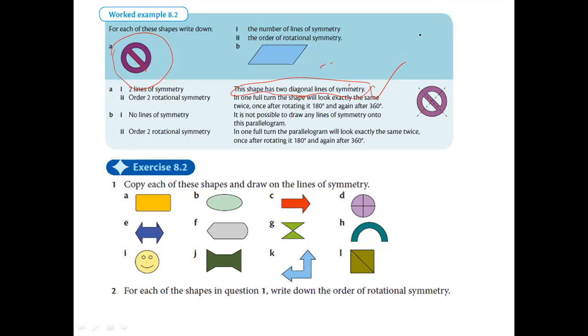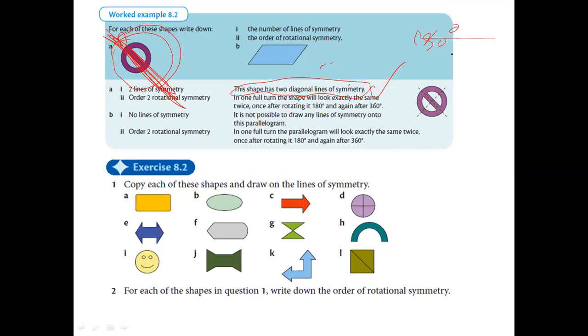First one is 180 degrees. When you turn it 180 degrees, for example, this point is A. When you turn it 180, you get the shape like this.